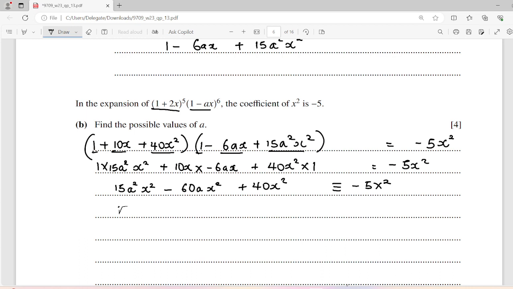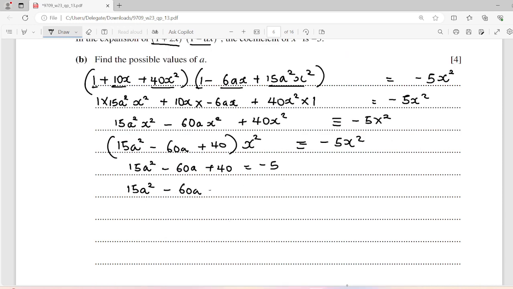I will have 15a squared minus 60a plus 40, times x squared, and this is equal to -5x squared. So what you do, we compare. We compare, meaning 15a squared minus 60a plus 40 is equal to -5. I'm saying we are forming a quadratic expression. So we shall say 15a squared minus 60a plus 45 is equal to 0.